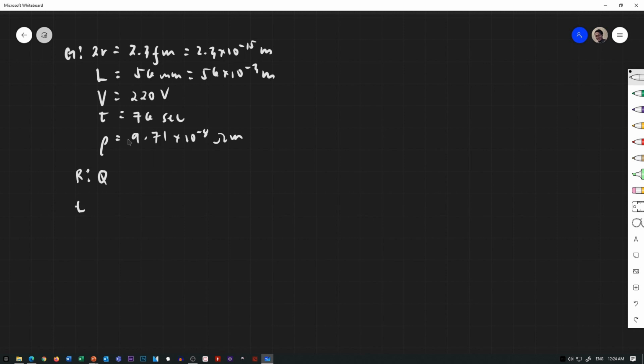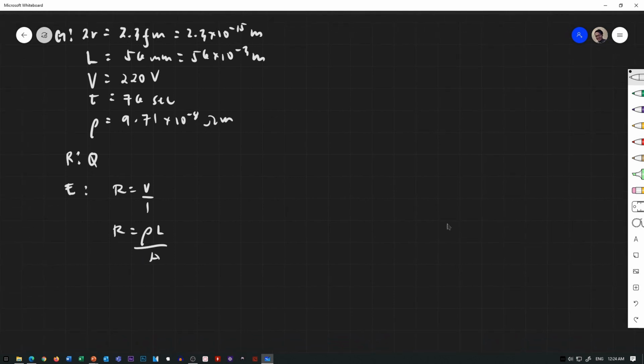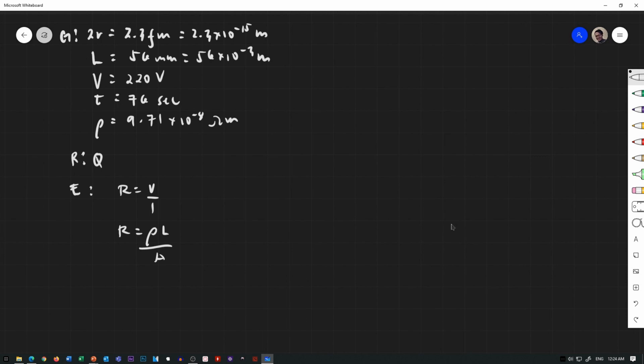Okay, for our equation, we're going to utilize 2, so this will be R is equal to V over I, and then we have R is equal to rho L over A. Okay, so let's derive that. So what would happen is, I'm going to write it here.